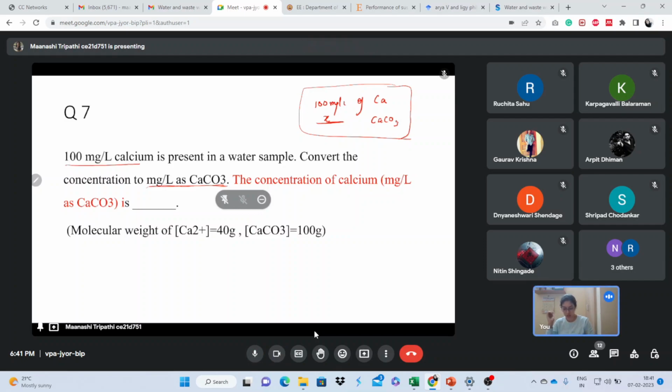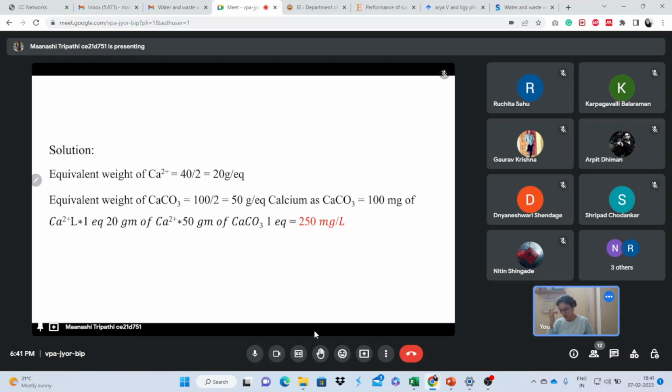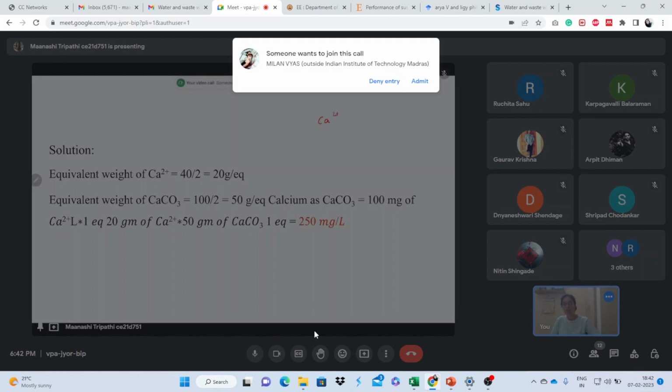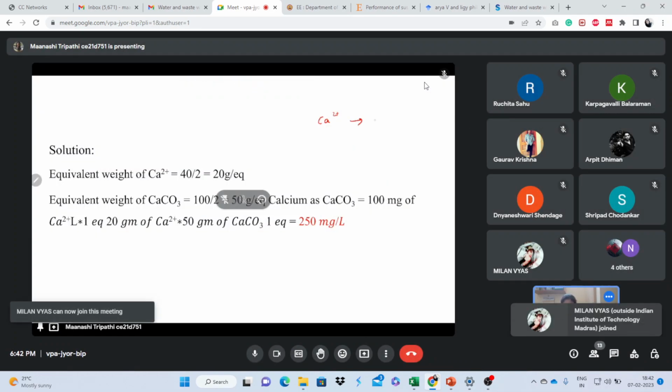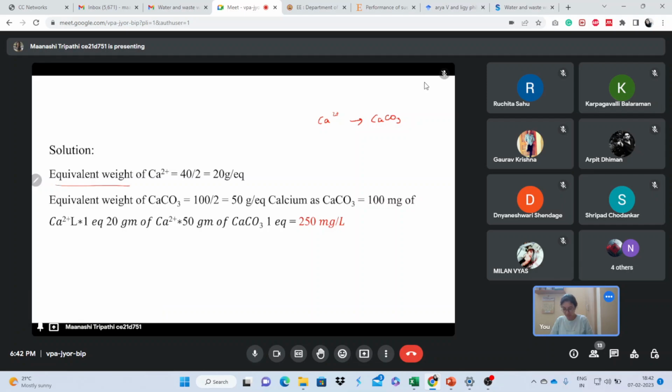Okay, we'll see the solution for this question. Please match the answers with yours. Here the concept: when we want to convert one species to another, here calcium to calcium carbonate, the concept of equivalent weight will come.